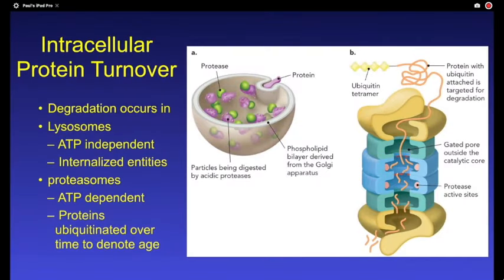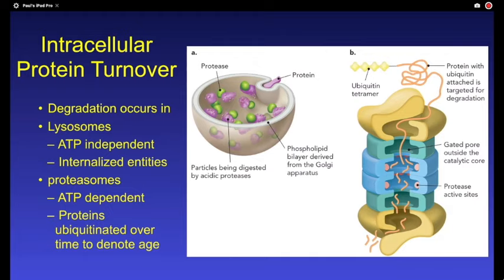In turnover, there are two ways proteins are destroyed into amino acids, or hydrolyzed into amino acids. One is through the lysosome, which has an acidic environment, and proteases that will add water, breaking the proteins down into single amino acids. The other way that proteins are identified is over time.